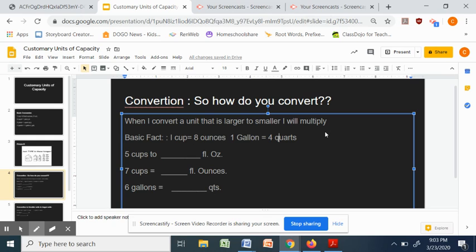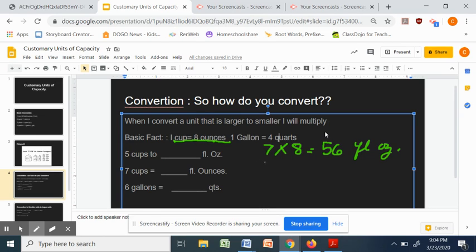The basic fact for this problem, I need to know that 1 cup is equivalent to 8 ounces. So 7 cups times 8 is 56 fluid ounces.